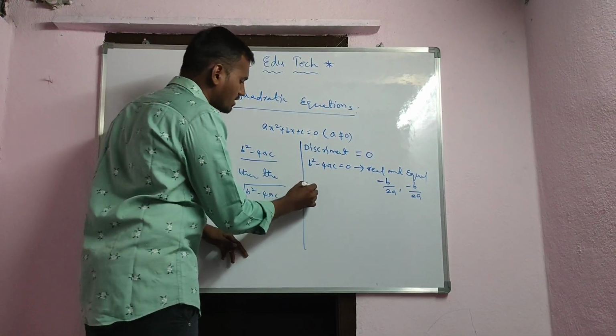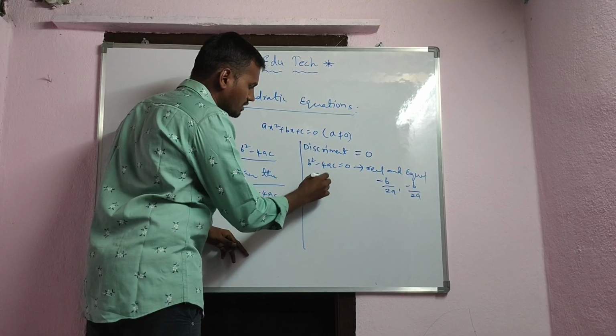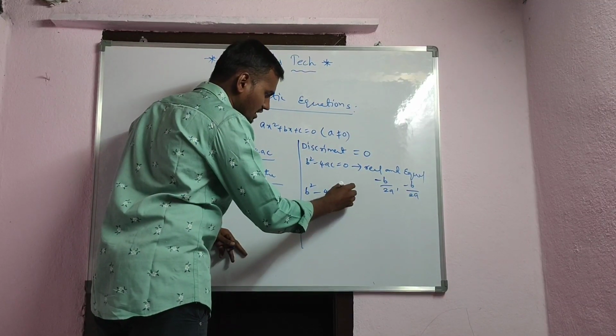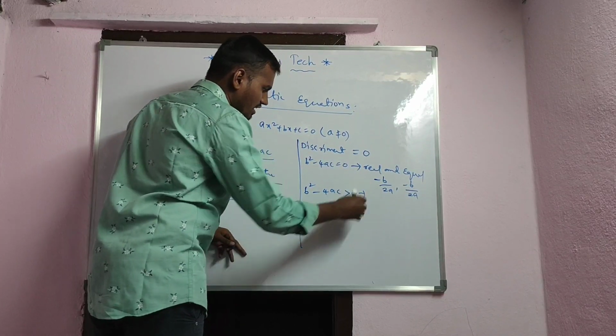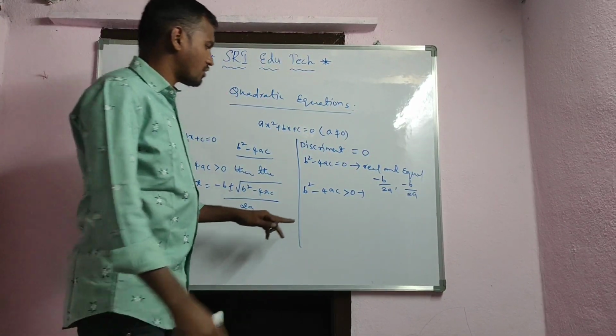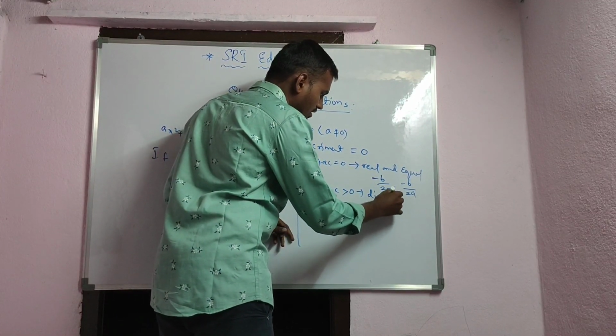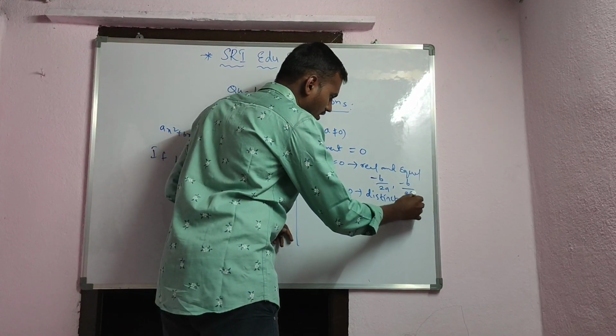Whenever the discriminant Δ = b² − 4ac is greater than 0, then the roots are distinct and real.